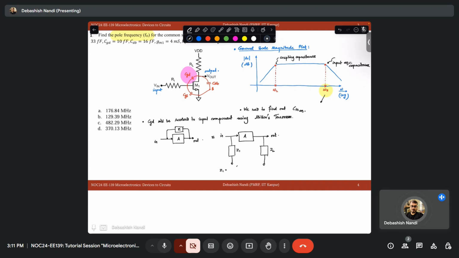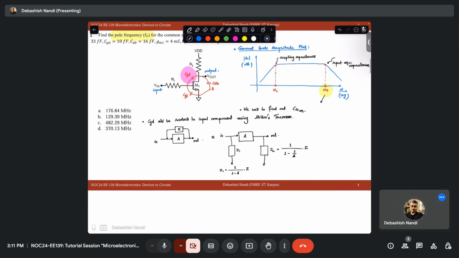Z1 is basically Z divided by 1 minus A, and Z2 is Z divided by 1 minus 1 over A. We have discussed this multiple times and also pointed out where you can see the proof of this theorem. This is very easy. You just need to compute the input and output currents and equate them through the coupling branch, or the feedback branch.